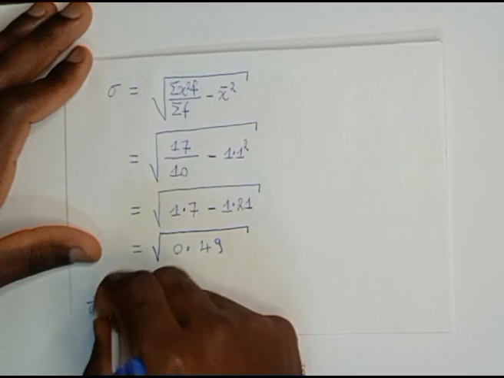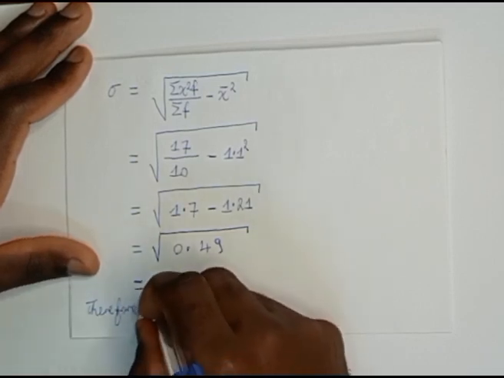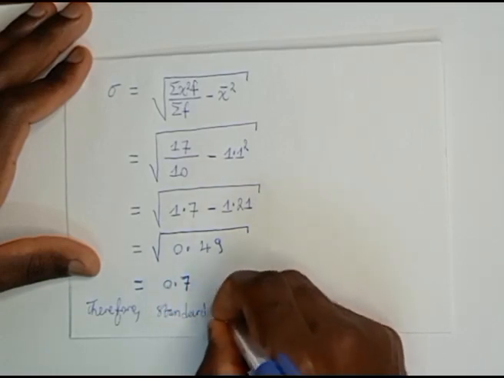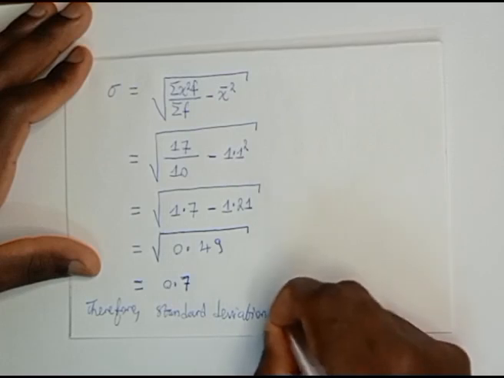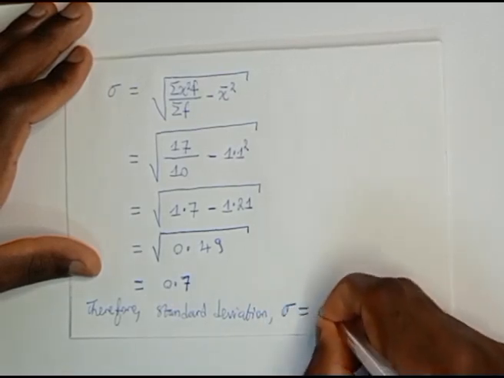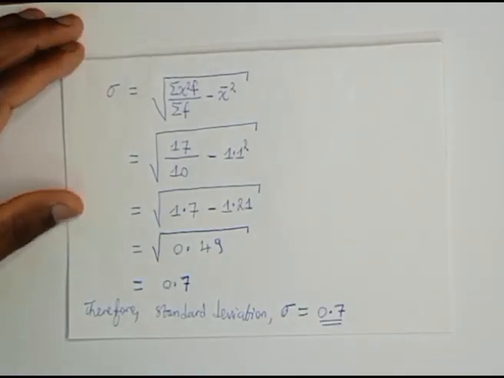Therefore, the standard deviation sigma is equal to 0.7. We are done with the solution of this question.